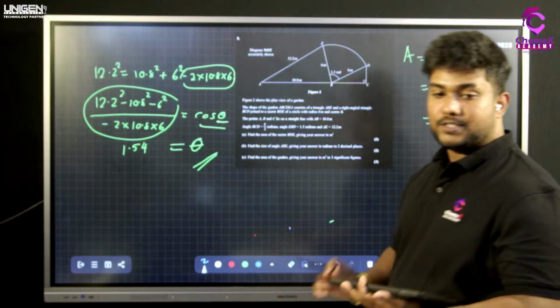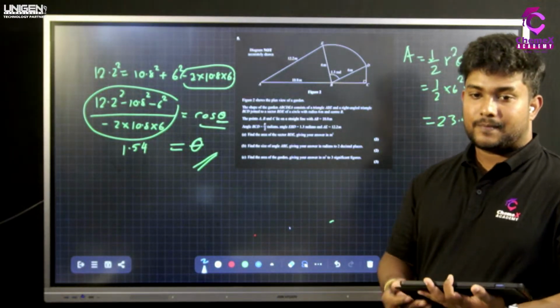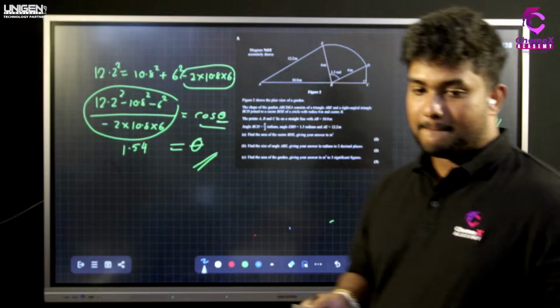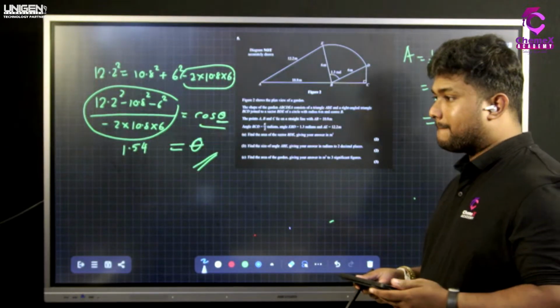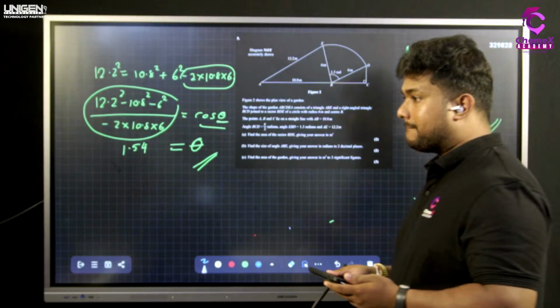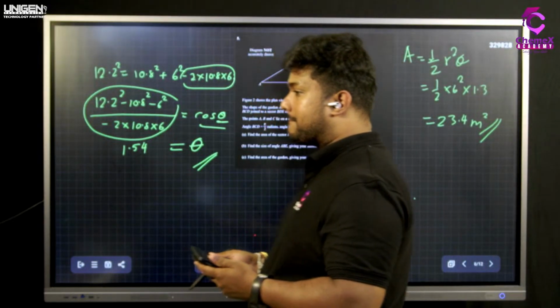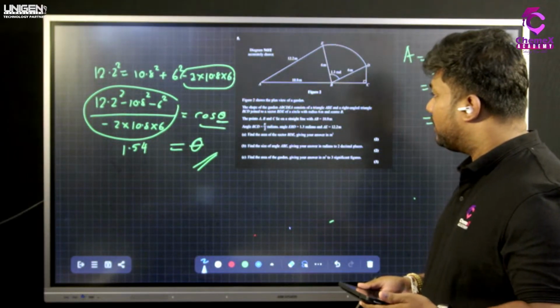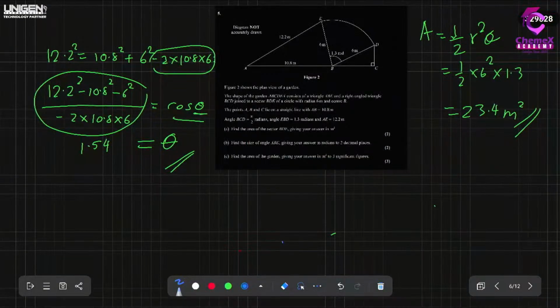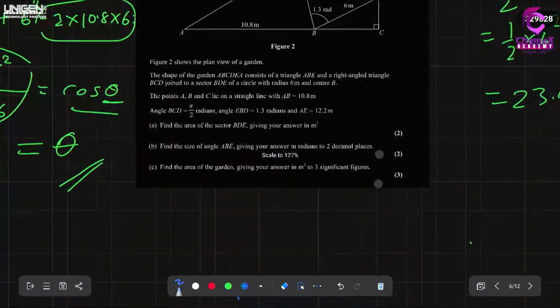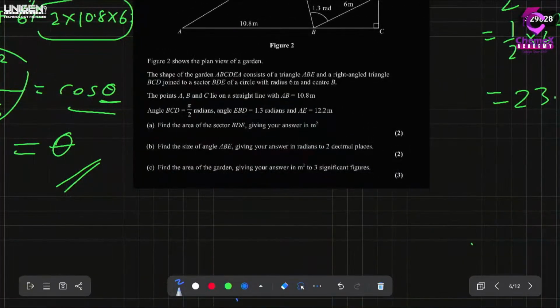How to do that question? So, area of the garden.